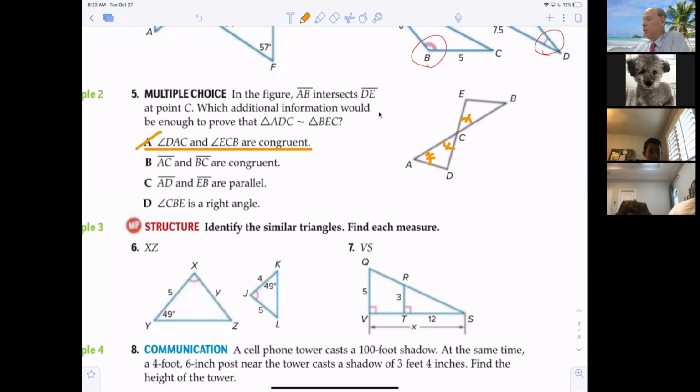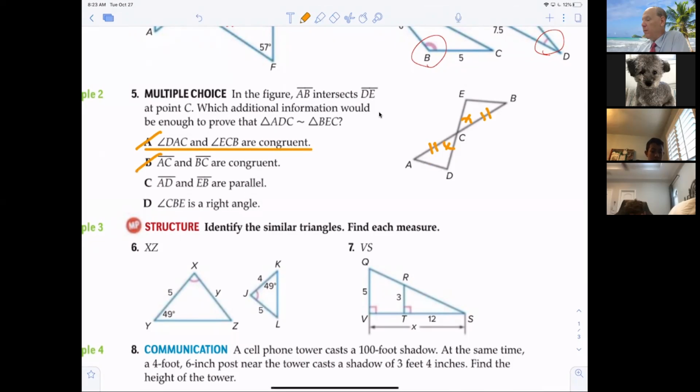Now, we really can't talk about the sides, right? The sides aren't going to be of any help, I don't think. Let me just draw it just to make sure. AC and BC are congruent. Does that help at all? No. So B is no good.